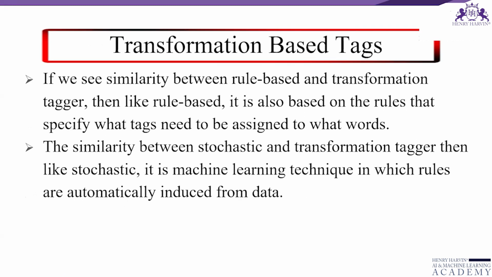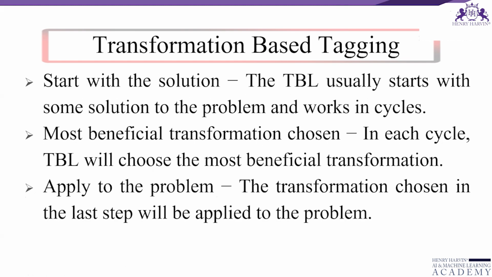So when we talk about transformation-based taggers, this is the next one. If you compare the similarity between rule-based and transformation taggers, rule-based is also based upon rules that specify what tags need to be assigned to what words, right? The similarity between the stochastic and transformation tagger is that it is a machine learning technique in which rules are automatically induced from data, right? Here it starts with a solution, then the most beneficial transformation is chosen, and then it is applied to the problem.